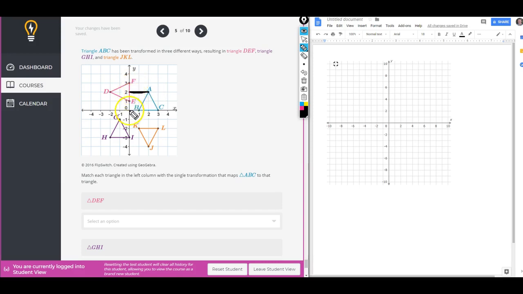I am first going to mark my point here at the center because it's my reference point. I'm then going to create a square that goes straight up and straight over to this point A, because this gives me a 90-degree angle right here in this corner.